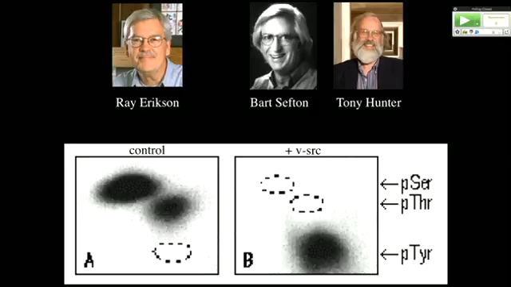Okay. That was a major discovery and got him into the National Academy of Sciences. He's on the list of people that are candidates for a Nobel Prize. It was extremely important because it pointed to the first oncogene as being part of a regulatory pathway.